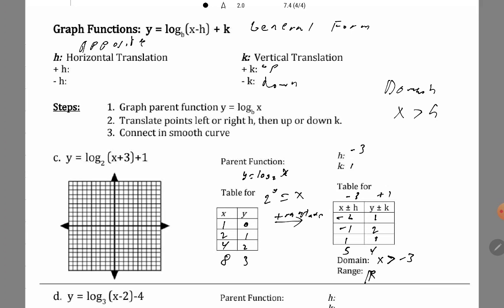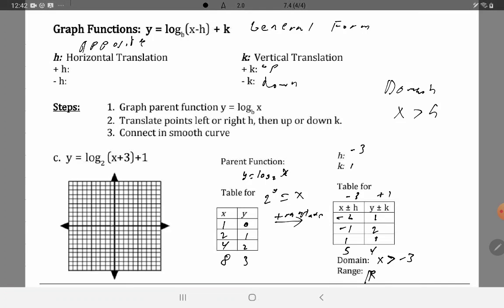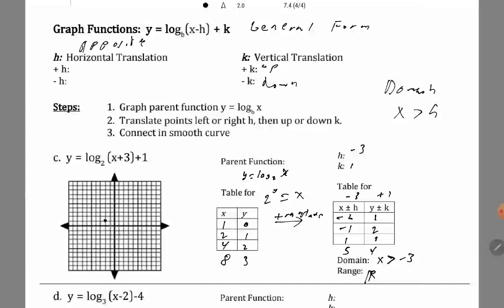Alright, and then we just graph this. So we don't need to graph the original one unless we want to. So I'm just going to graph the actual graph. So -2, 1. -1, 2. And 1, 3.